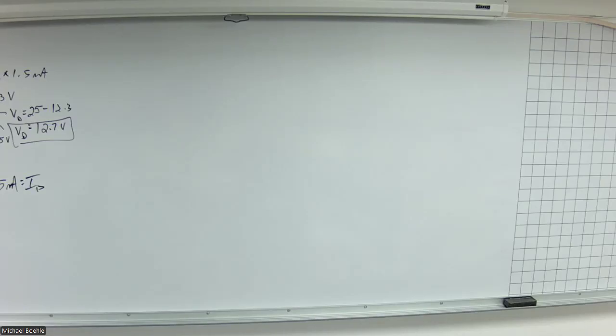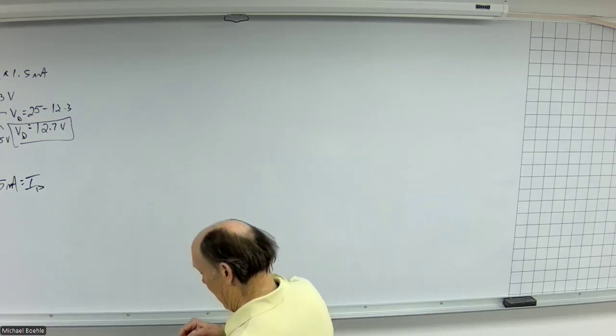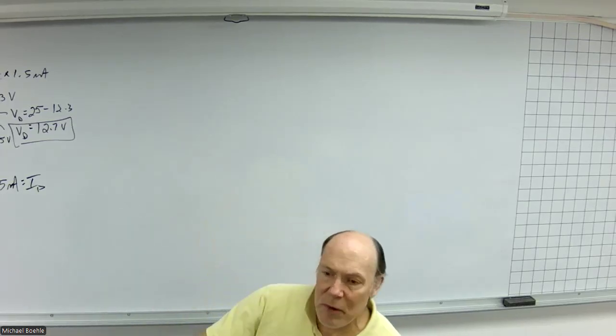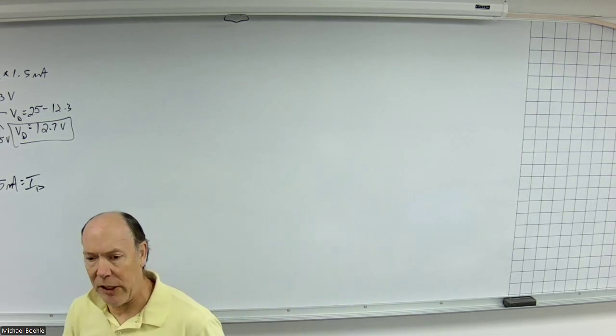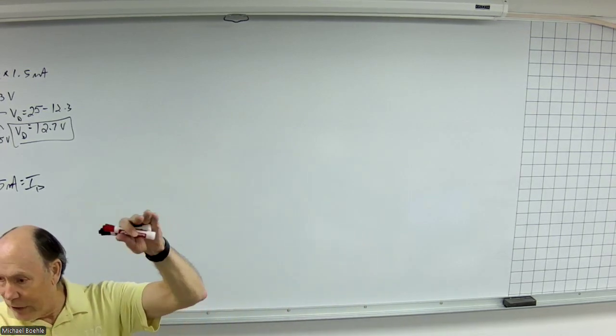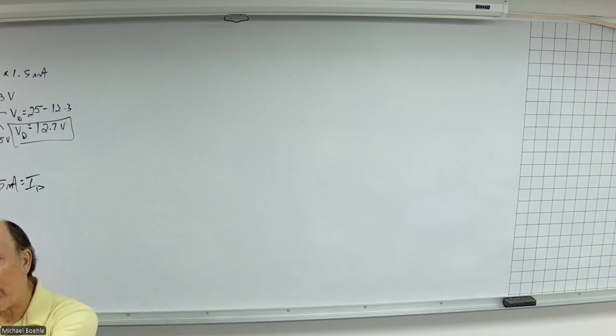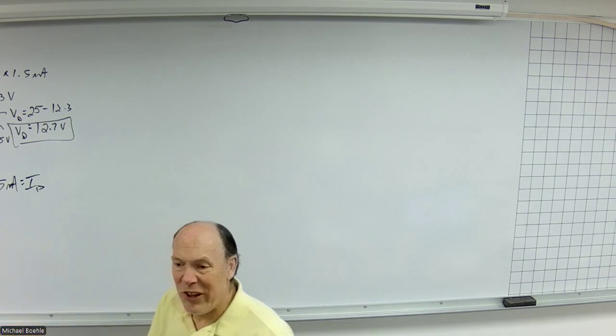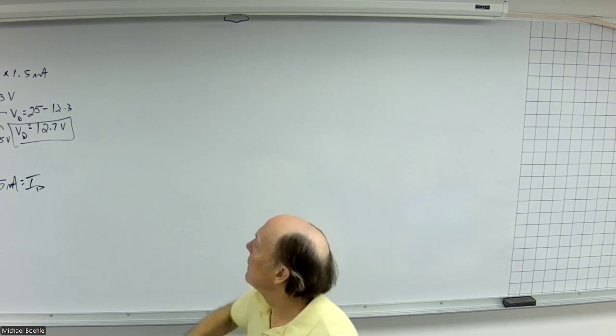So multiplexing. Everybody in here has had digital, so we're familiar with digital multiplexing, where we take multiple digital signals and bring them into a single path. Well, we can use JFETs to do the same thing.